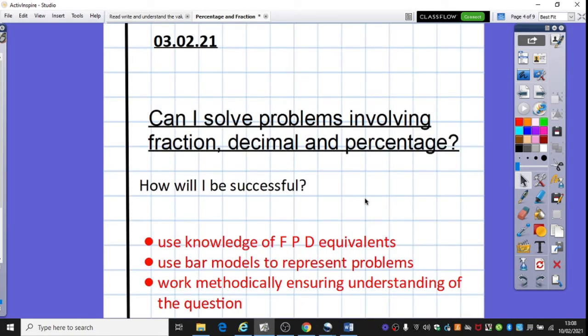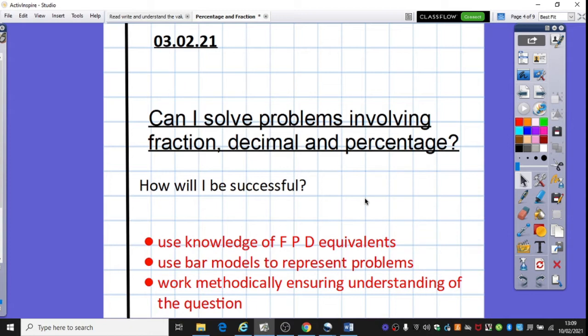So the main part of our session today is going to be applying the work that we've been doing for nearly 2 weeks now on fractions, decimals and percentages. In particular, yesterday you were using fractions of amounts to help you find percentages of amounts. You were using those equivalents in order to help you calculate.